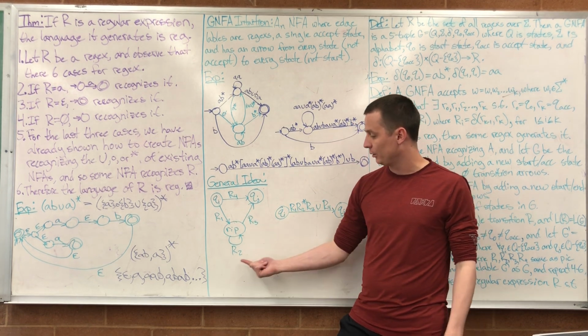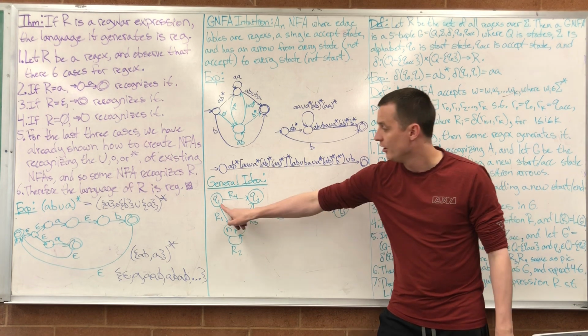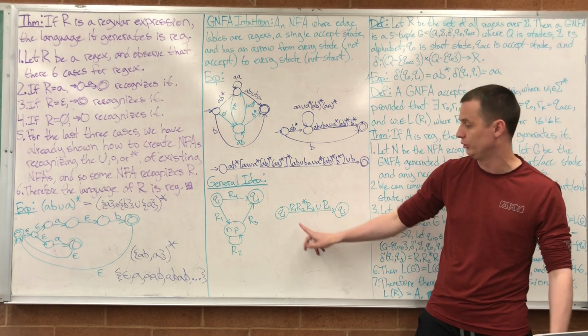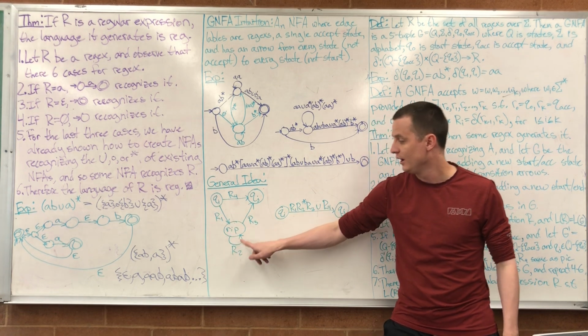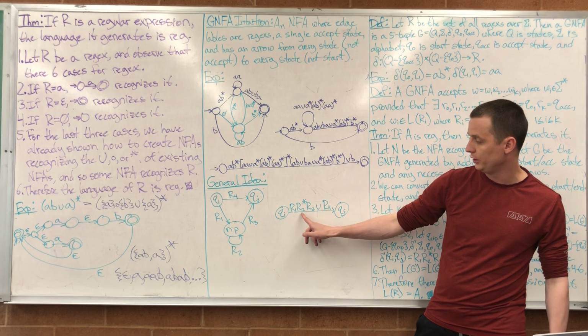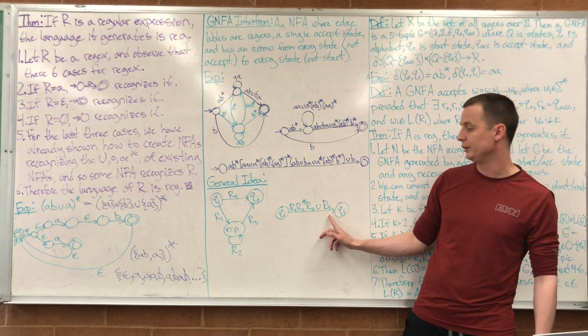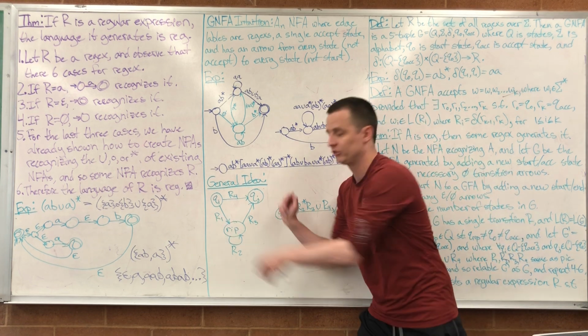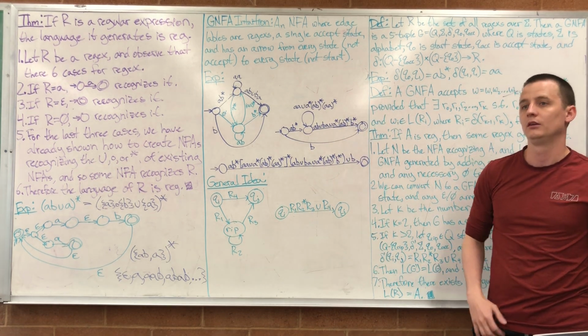In ripping out this state, our transition from Q sub i to Q sub j changes from just R4 to, we could have done R1, and then R2 as many times as we wanted, and then R3. So we can do R1, R2 star, R3, or we can just do R4, where R1, R2, R3, R4 are just whatever the regular expressions are that those labels are labeled with.